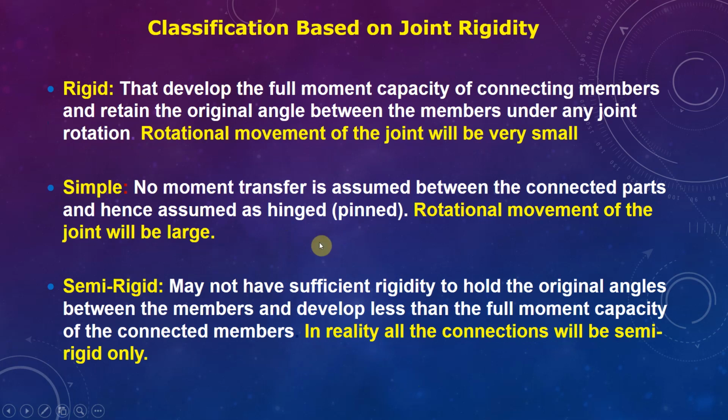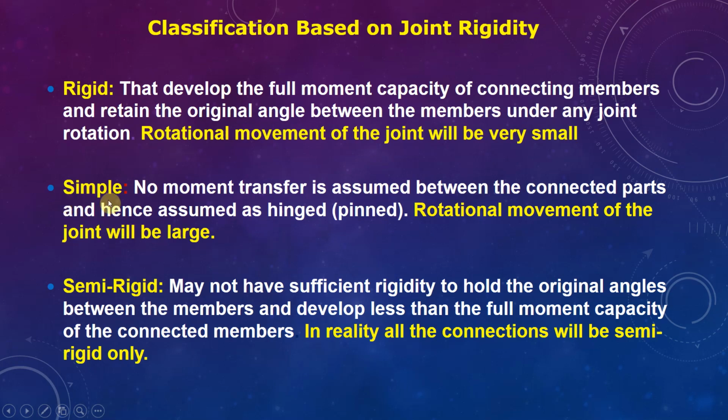So let us learn about classification based on joint rigidity. So first classification is a rigid connection. This connection develops full moment capacity of connecting members and retains original angle between the members under any joint rotation. Rotational moment of the joint will be very small in case of rigid joints.